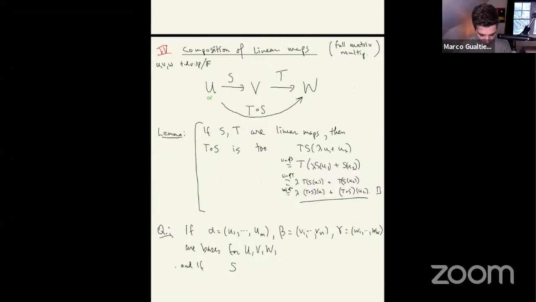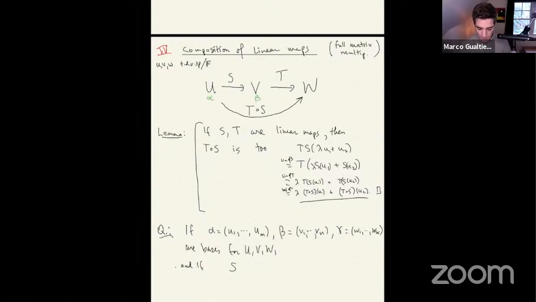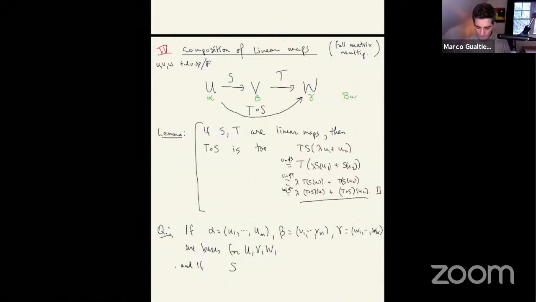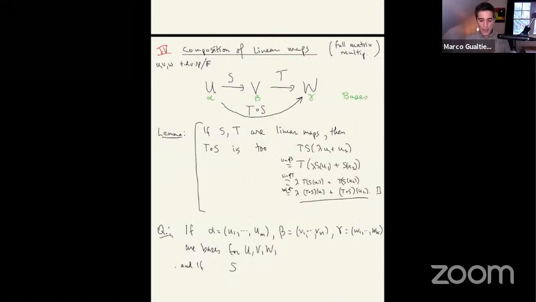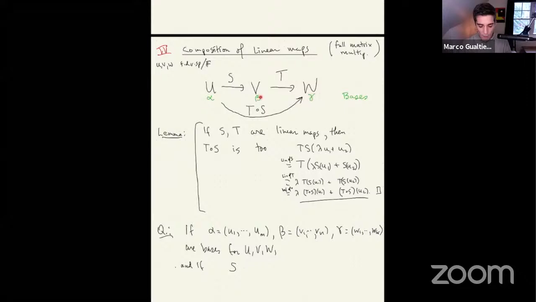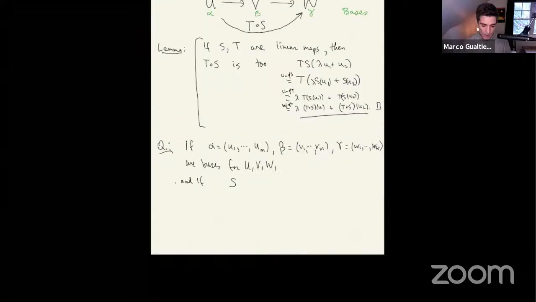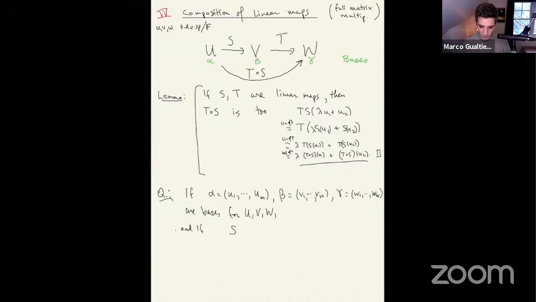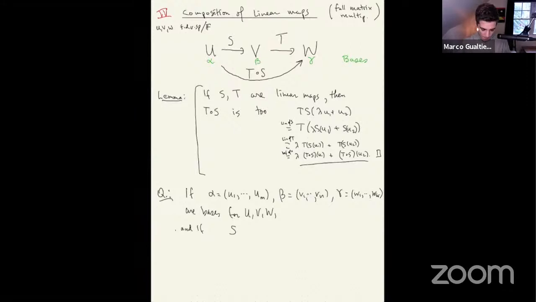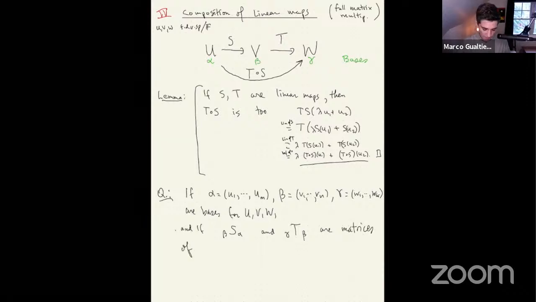So there's a basis alpha for U, there's a basis beta for V, and there's a basis gamma for W, okay? And because alpha and beta are chosen, I have a matrix for S. And because beta and gamma are chosen, I have a matrix for T. So let's say that S alpha beta and T beta gamma are the matrices of S and T.